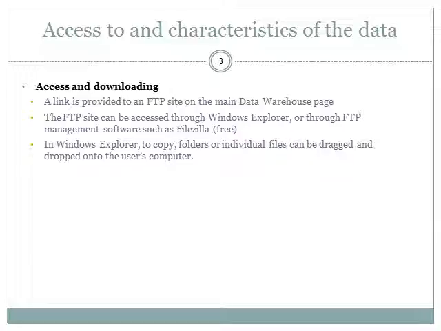which is free. In Windows Explorer, as an example, simply take the FTP site and paste it into the address bar, and then that brings you to a window from which you can simply drag and drop files onto your desktop or onto a folder on your computer. It's very straightforward.